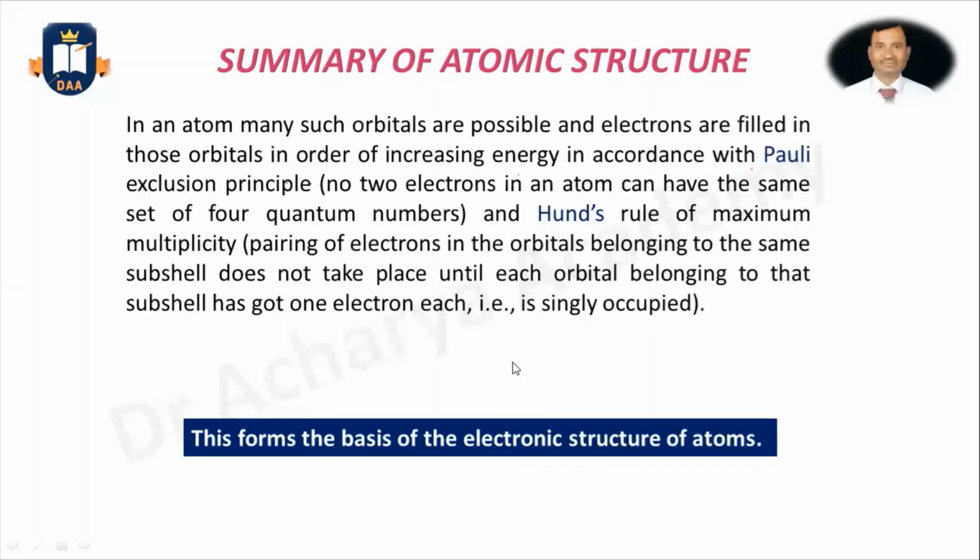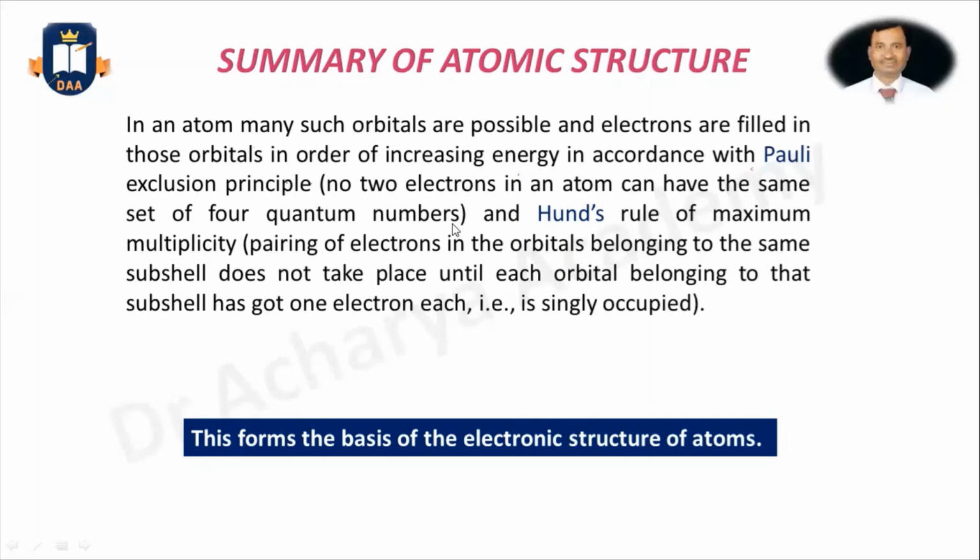So in an atom, many such orbitals are possible, and electrons are filled in these orbitals in order of increasing energy in accordance with three things. One is the Pauli exclusion principle, that means no two electrons in an atom can have the same set of four quantum numbers.